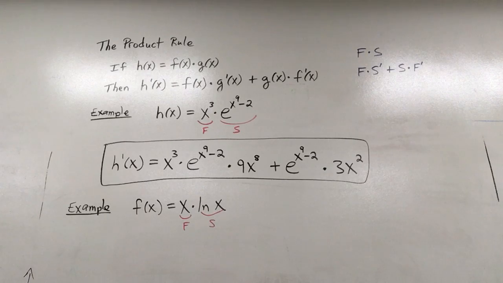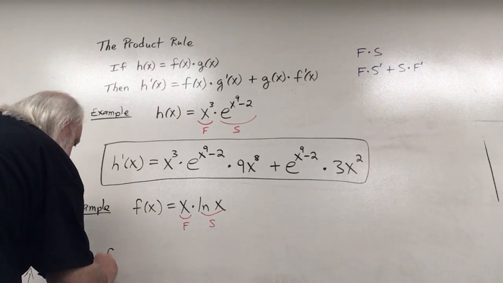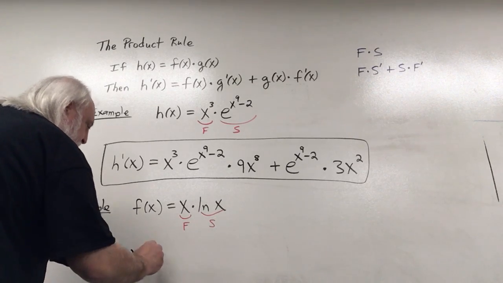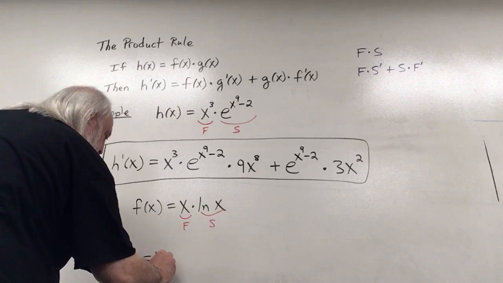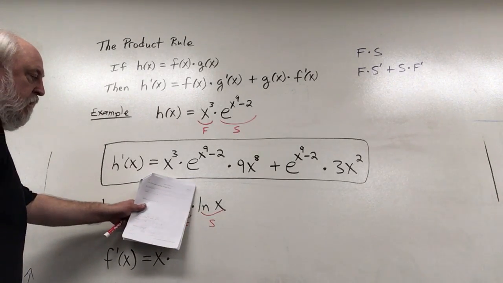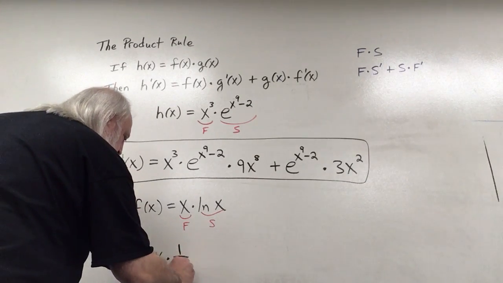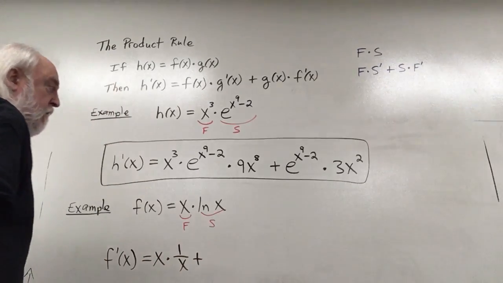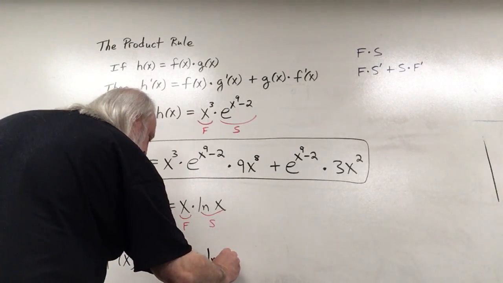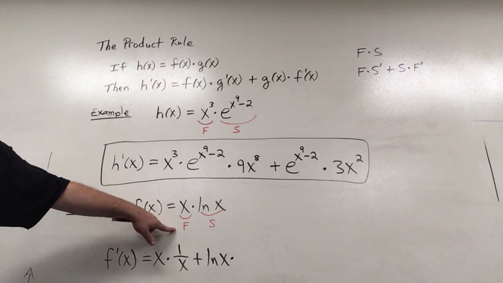So using this form of the product rule, f prime of x is equal to the first function x times the derivative of the natural log of x. And you know the derivative of natural log of x is 1 over x. And then we add to that the second function, the natural log of x, multiplied by the derivative of the first function, and the derivative of x is just 1.